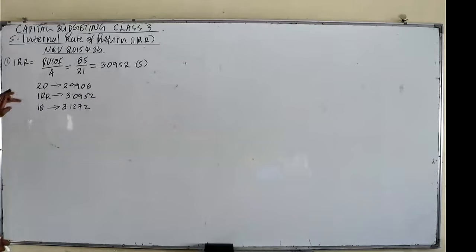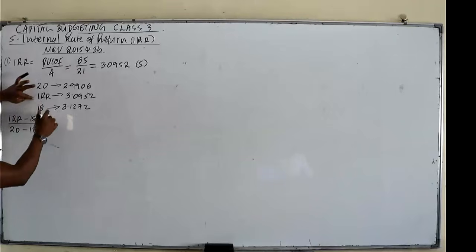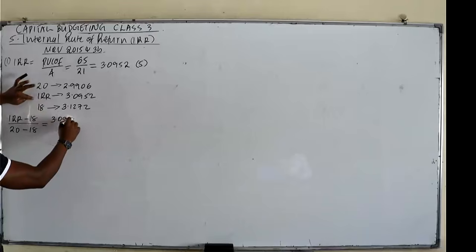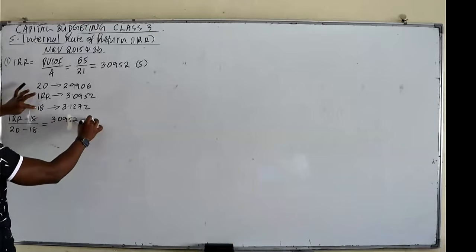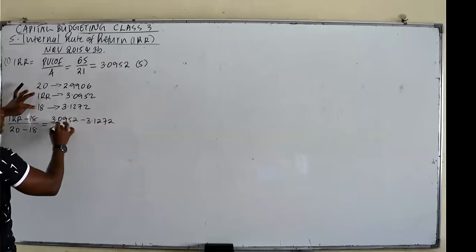You take IRR, you minus the lower limit. The lower limit is 18%. You divide by the upper limit minus lower limit, so 20 minus 18. Then you substitute. 3.0952 minus, for 18%, we have 3.1272.